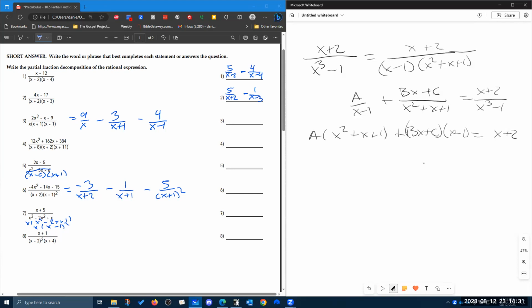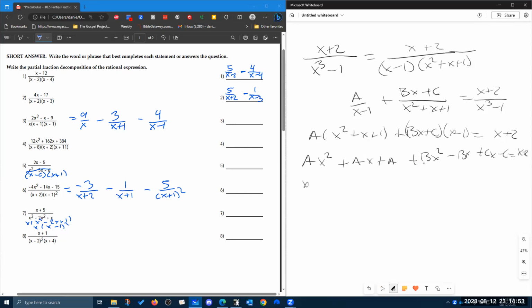I'm not even sure that this has an answer, but Ax squared plus Ax plus A plus Bx squared minus Bx plus Cx minus C equals x plus 2.